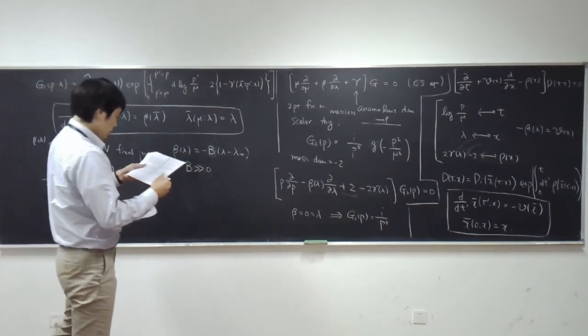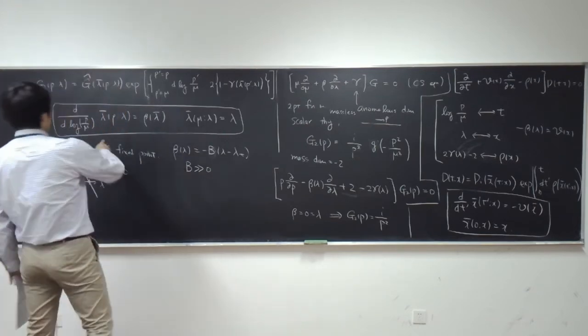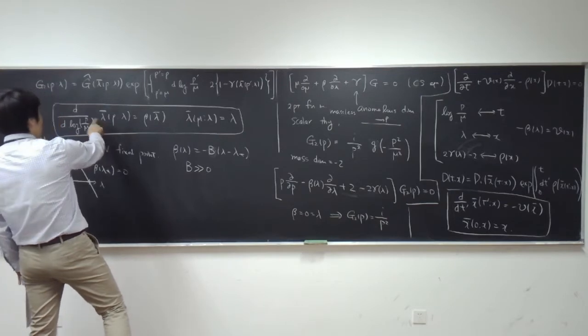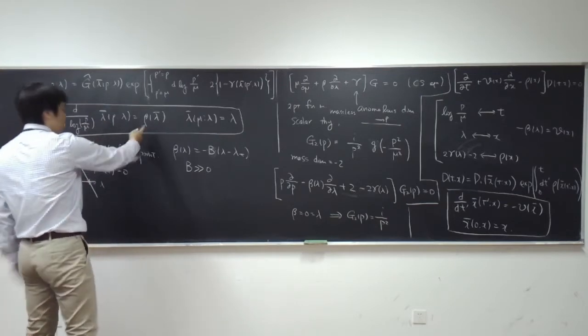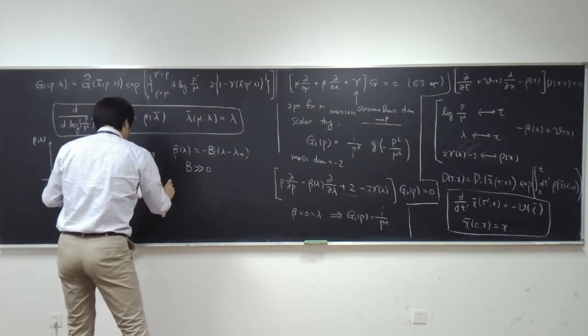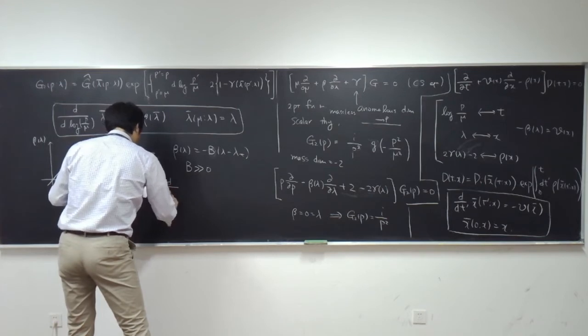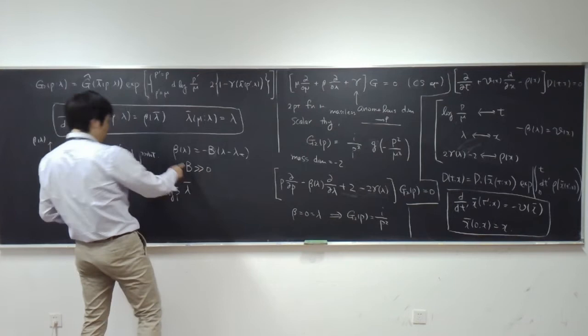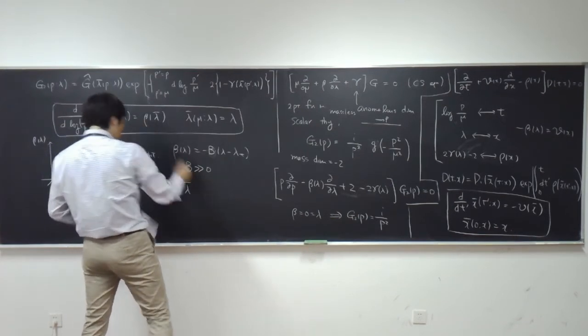Just as we know, the derivative of lambda with respect to p or mu gives the beta function, depending on the convention. Therefore, one can write down this equation as follows: d lambda bar over d log p. Just plug the beta function into here.